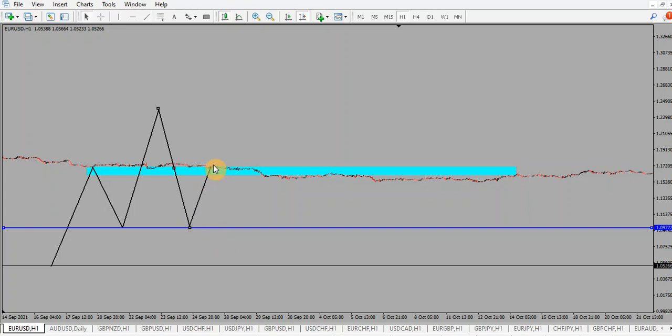If price breaks this level or gets rejected, we know that the chances of it going down to this level and breaking are there. But yes, we're still in an uptrend, right?